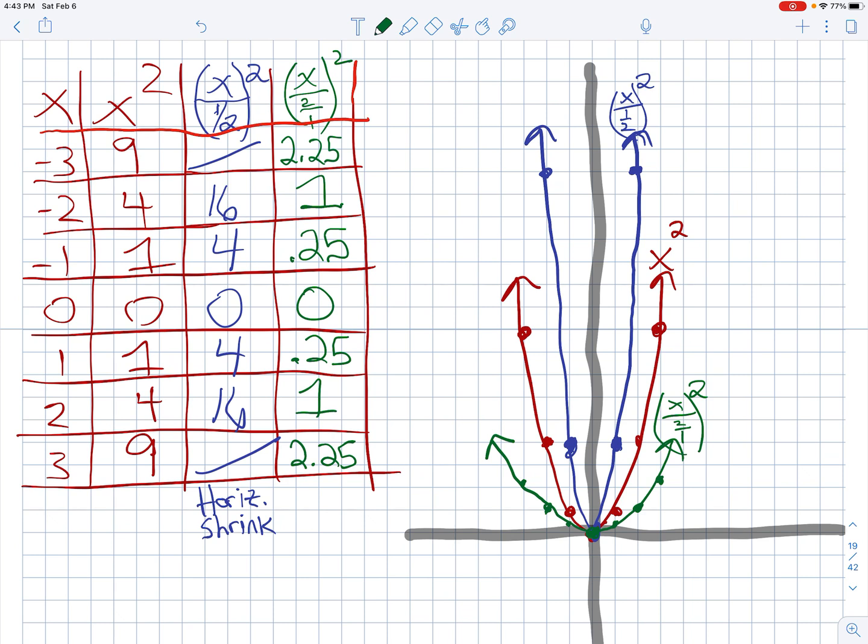And it was like, oh, it got wider. Let's think about that here. It did get wider from a horizontal point of view.